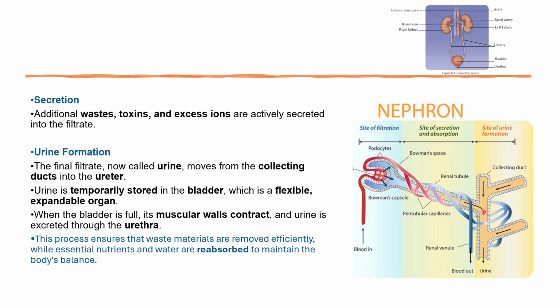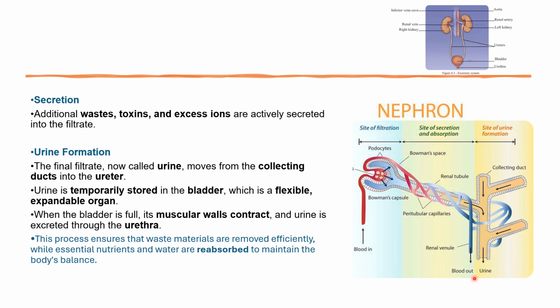It moves through the collecting ducts. There are many collecting ducts, each coming from the nephrons, and these collecting ducts connect to the ureter. Urine is then temporarily stored in the bladder. The bladder is a flexible and expandable organ. When the bladder is full, its muscular walls contract and the urine is excreted through the urethra.